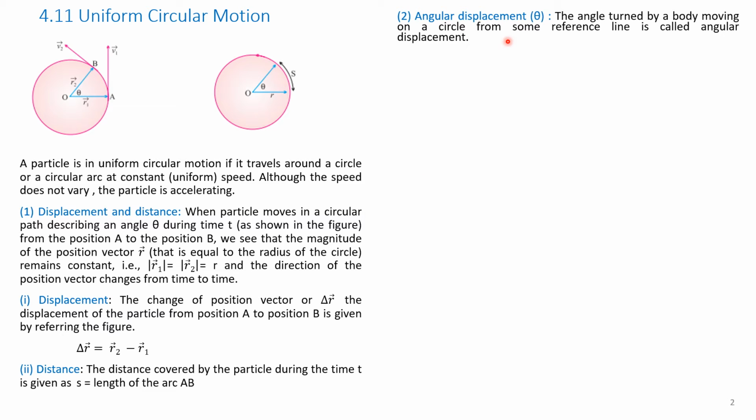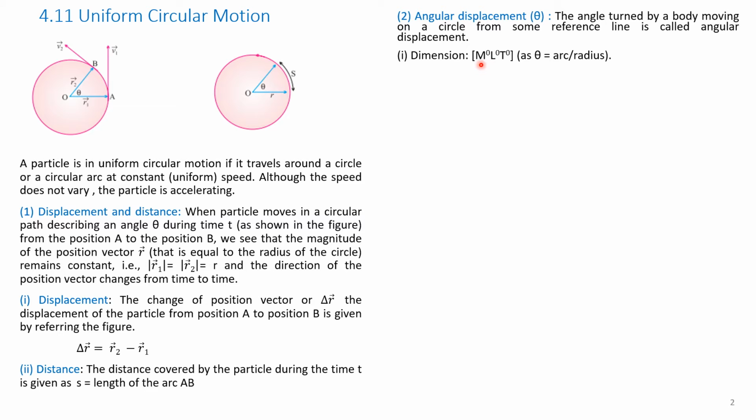Angular displacement theta. The angle turned by a body moving on a circle from some reference line is called angular displacement, and it is represented by the symbol theta. Dimensions of angular displacement are M to the power of 0, L to the power of 0 and T to the power of 0.